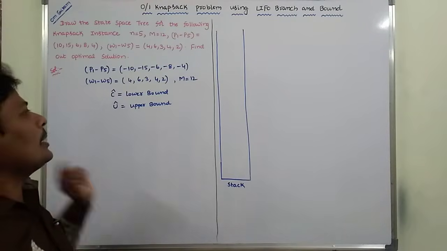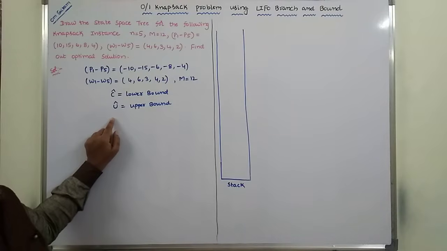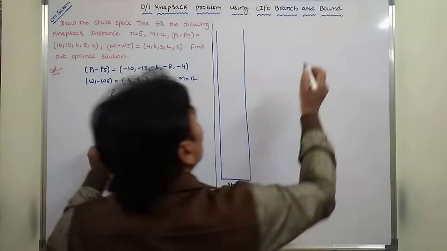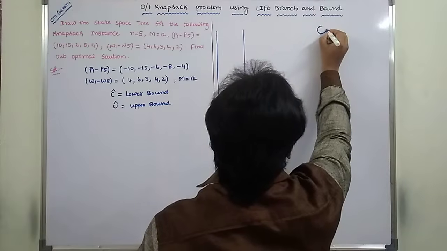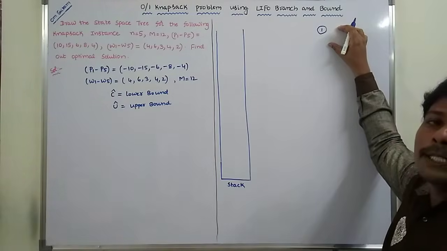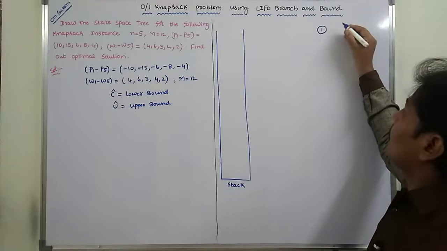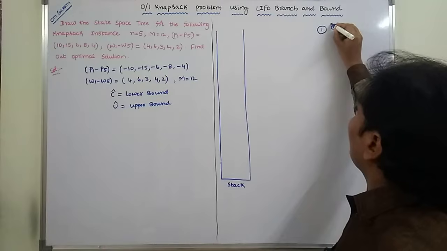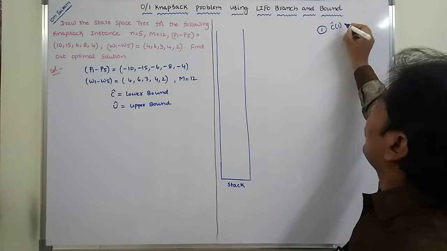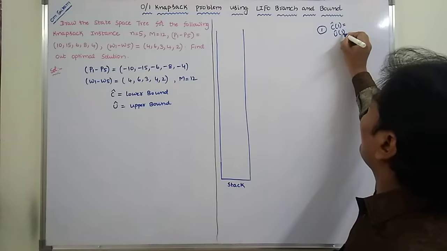Every state space tree starts with a root node. That root node is 1. So for this node, we have to calculate the lower bound C cap of 1 and the upper bound U cap of 1.